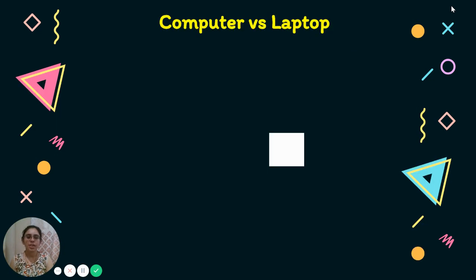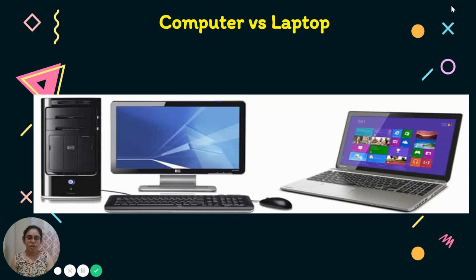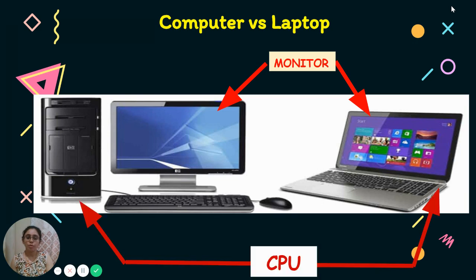Now let us see how the computer and the laptop are similar in terms of the main parts. So on the left side is the desktop and on the right side is the laptop. Both of them have monitor. Both of them have got a CPU.